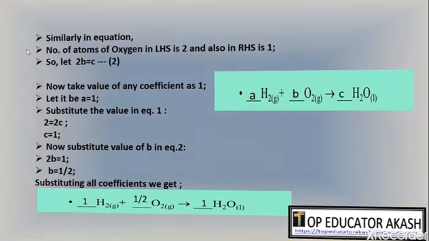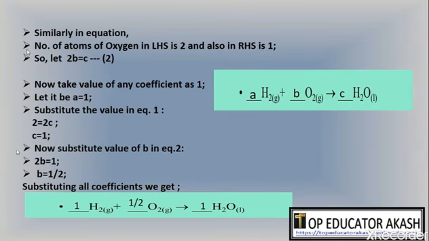Next, see the atoms of oxygen. Here the number of atoms of oxygen in the LHS is 2, and the number of atoms of oxygen in the RHS is 1, so we can write it as 2B is equal to C.